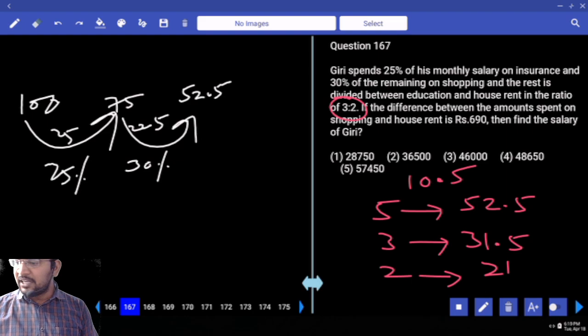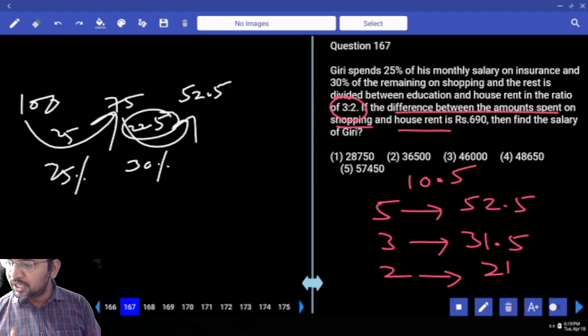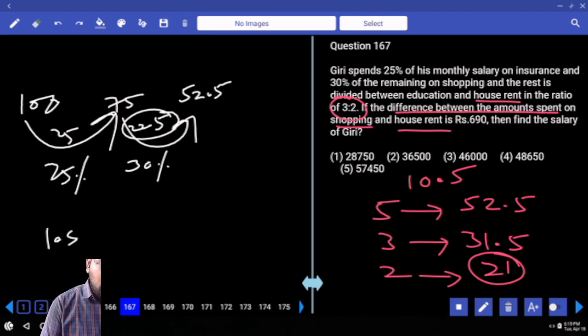Now the difference between the amount spent on shopping, 22.5, and house rent, 21, is 1.5%.